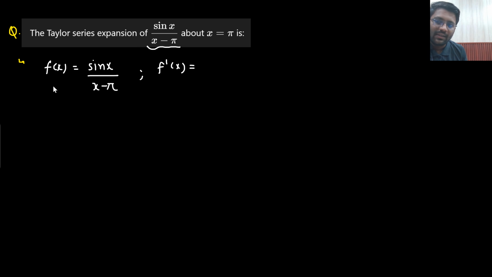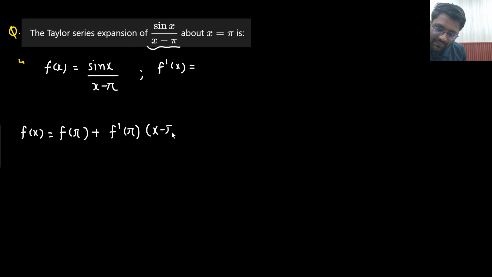The formula says f(pi) + f'(pi)(x − pi) + f''(pi)(x − pi)^2 divided by 2 factorial, and so on.